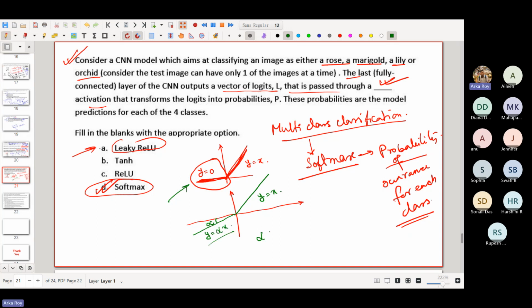This alpha is a normalized value between 0 and 1. You can consider alpha equal to 0.3, so the slope will change to 0.3 and then you will get the corresponding values. ReLU was y equals max(0, x), and here they have two equations: y equals x for x greater than 0, and y equals alpha times x for x less than 0.